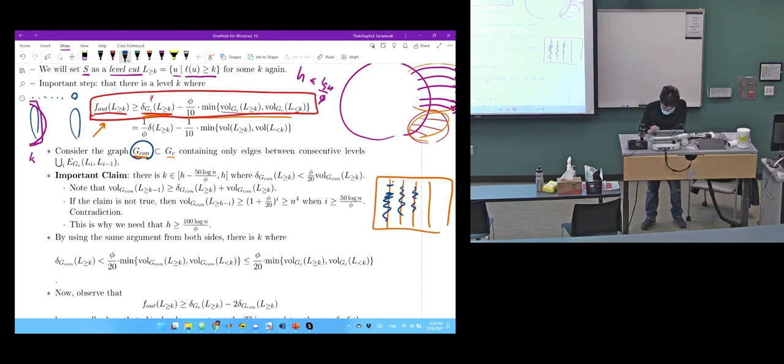if you look at this graph G-con, there must exist a level that is quite sparse in this sense. There must exist some level K here, such that the total number of edges here, the cut size, the cut edges, is small compared to its volume.